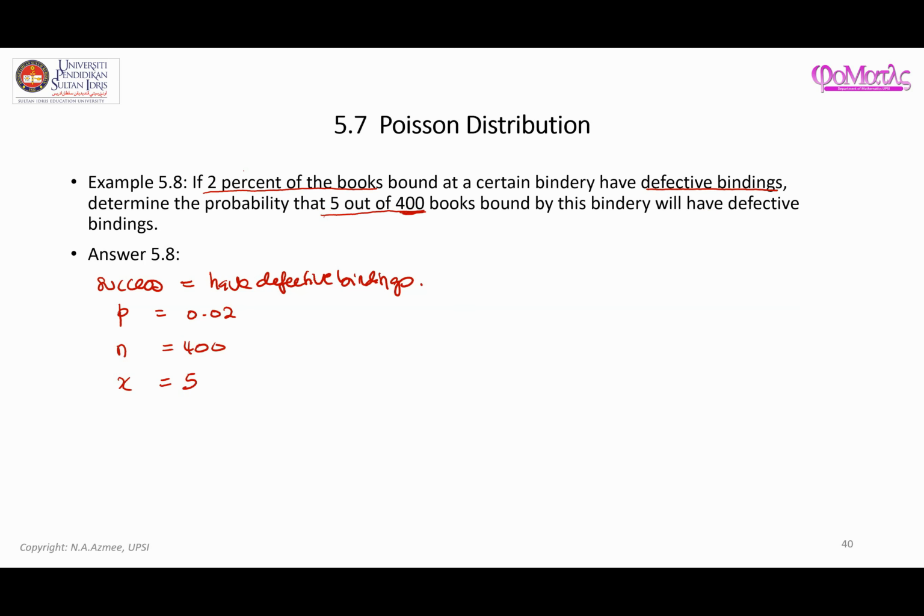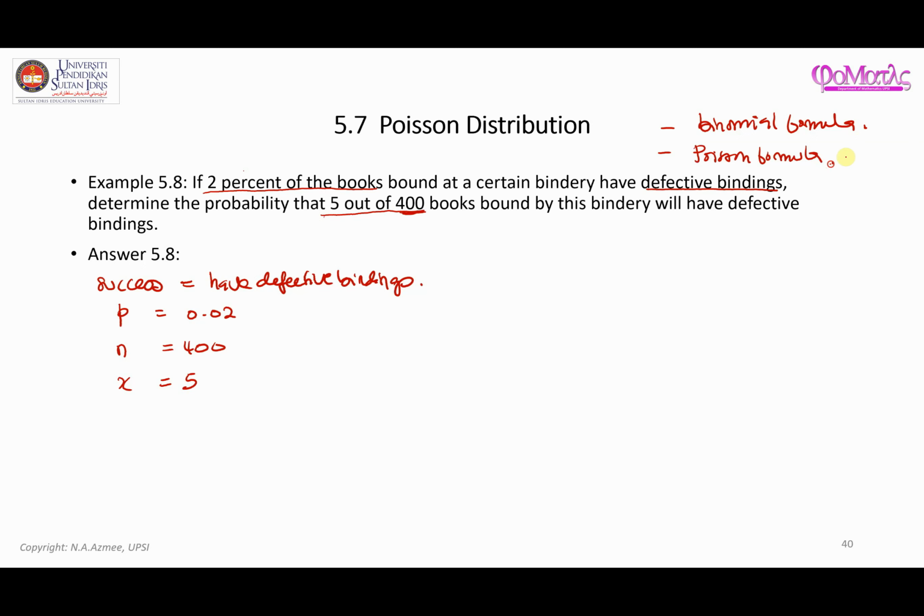One way of doing this is, of course, to apply the binomial formula, or another way is to apply the Poisson formula. Now, why can we apply this? Because when n gets to a large number, we can use the Poisson approximation to binomial.